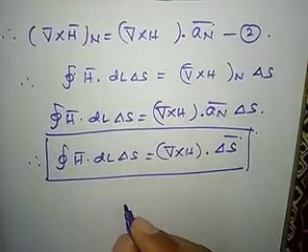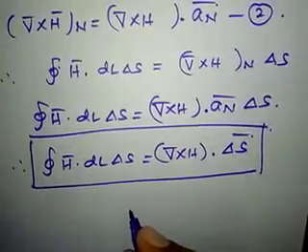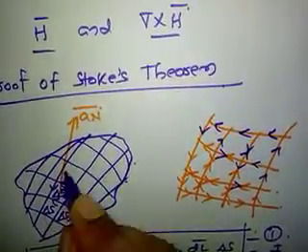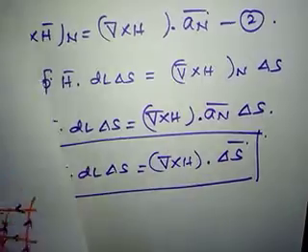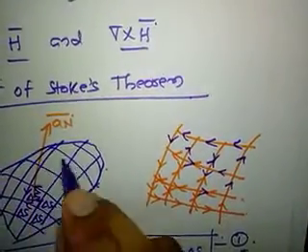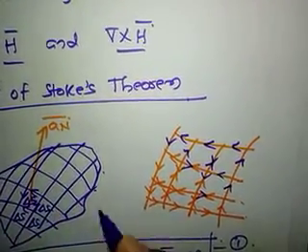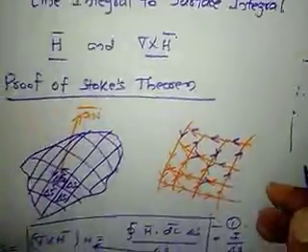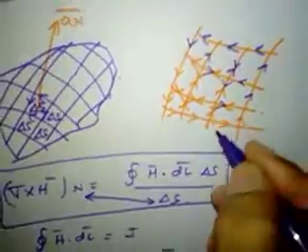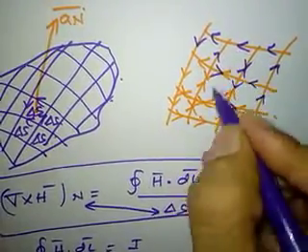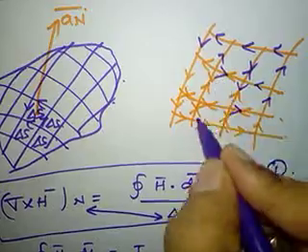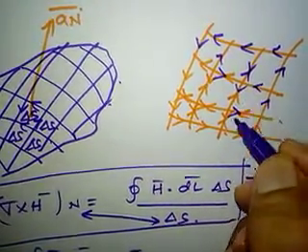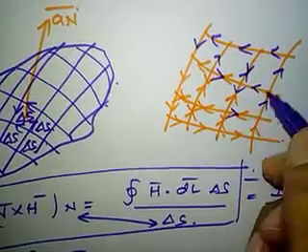Now if you want to obtain the total curl, we have to add the closed line integrals for each delta s. Consider this figure. As I told in the beginning, at the intermediate boundaries between the incremental surfaces, the flux lines are in opposite directions and get cancelled out.